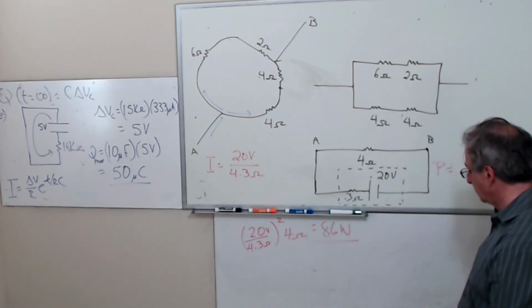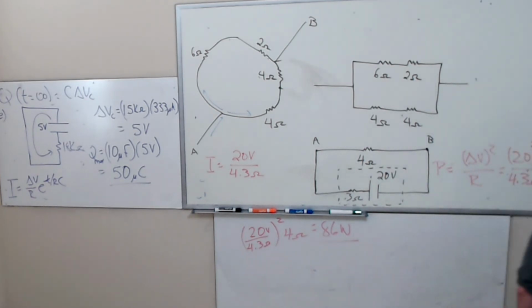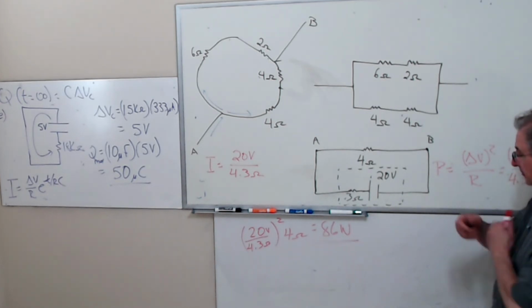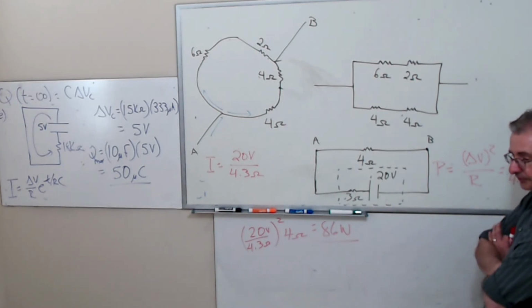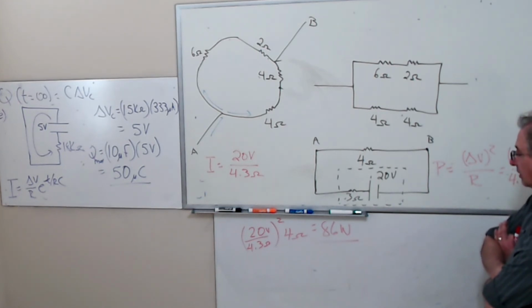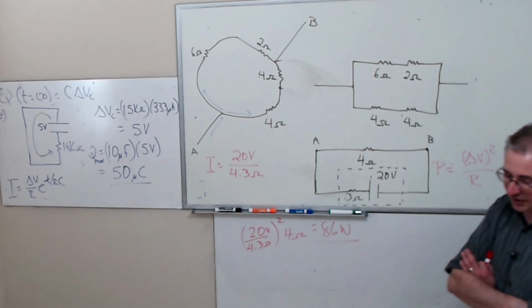Well, when it says across A and B, I took that as not including the internal resistance. I see. When I multiplied it out, I got the current coming from the power supply, and then I multiplied it by the resistance of the entire circuit. Yeah, and that's what they're looking for.